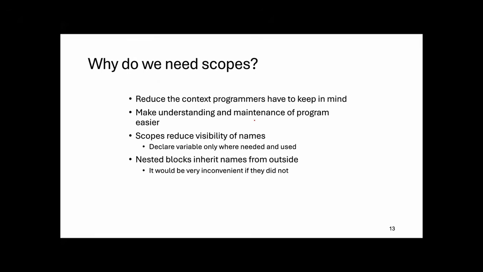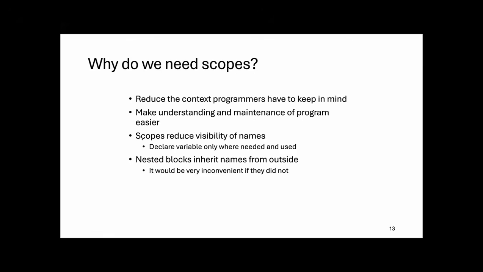Because when you have the scopes of variables and scopes of your declaration, that reduces the context programmers have to keep in mind where those variables are accessible and how, and also it makes it easier to share variables between the different procedures. And we're actually going to see that as well. It makes it much easier to understand and maintain the program.